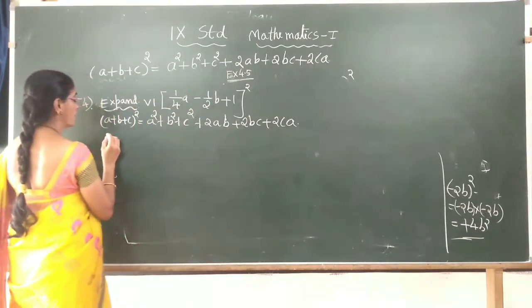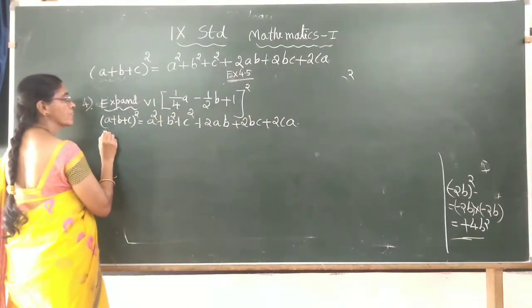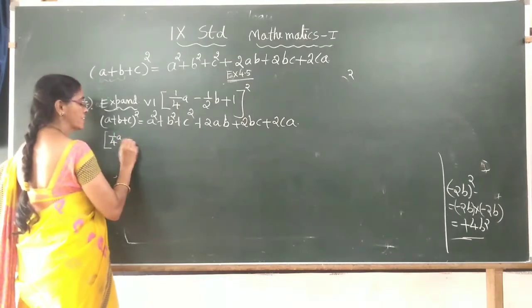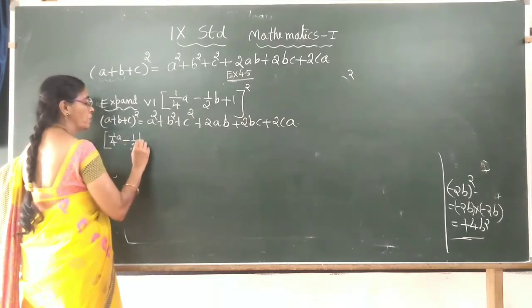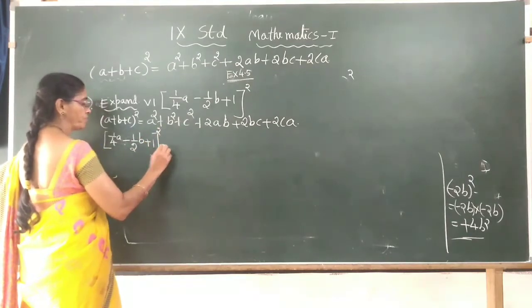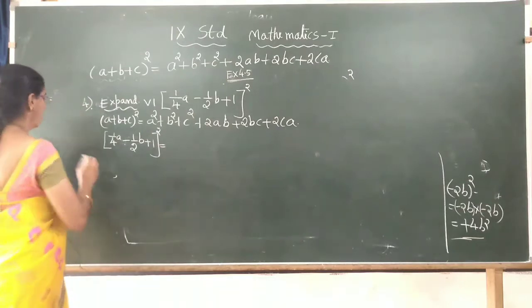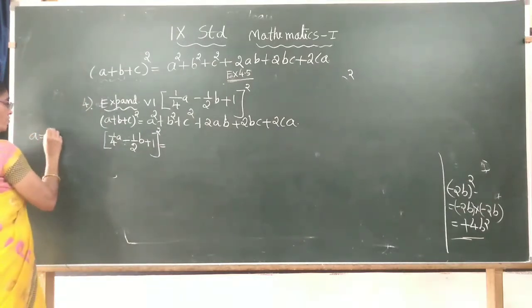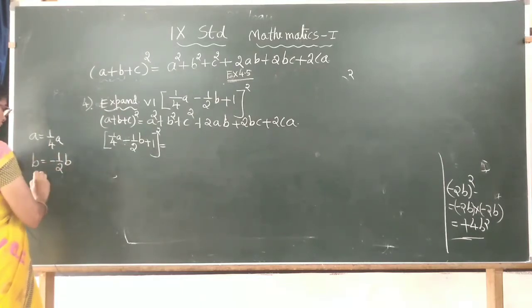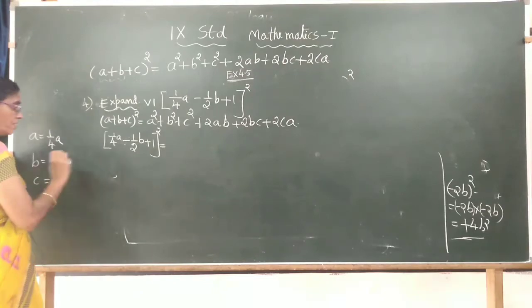Now write your given problem: (1/4A − 1/2B + 1)². In place of A, we have 1/4A, in place of B, it is minus half B, and in place of C, we have 1.